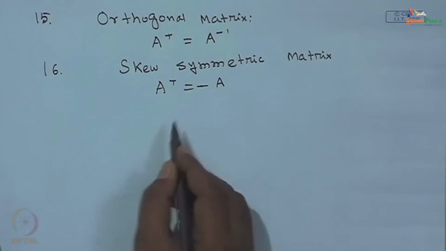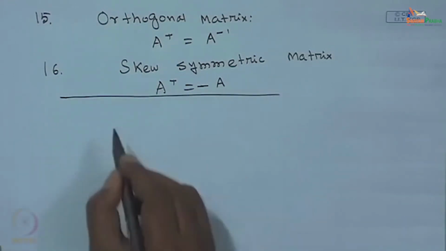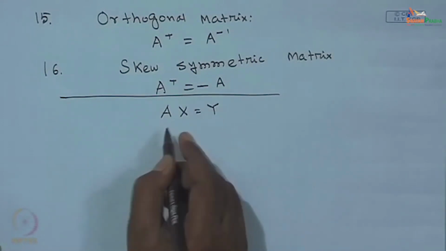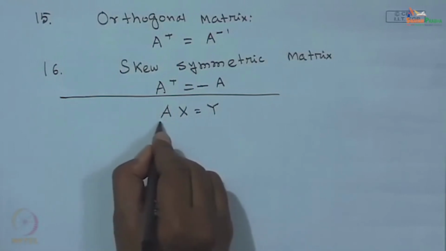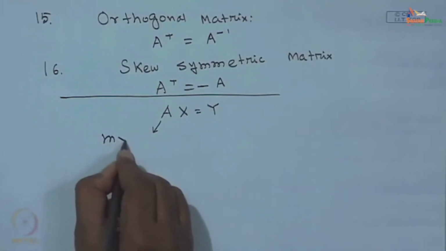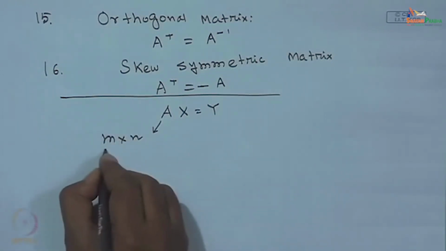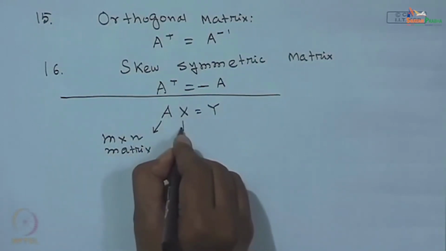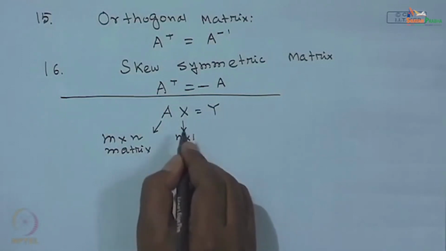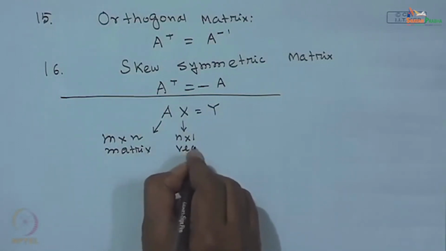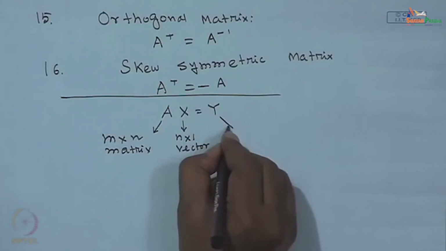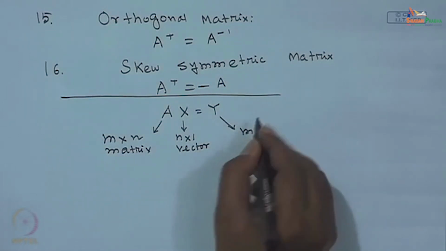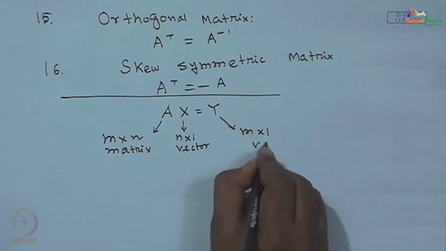Then let us look into matrix operation. Let us say A x is equal to y, where A is an m cross n matrix, whereas x is an n cross 1 vector. Then y is nothing but an m cross 1 vector.